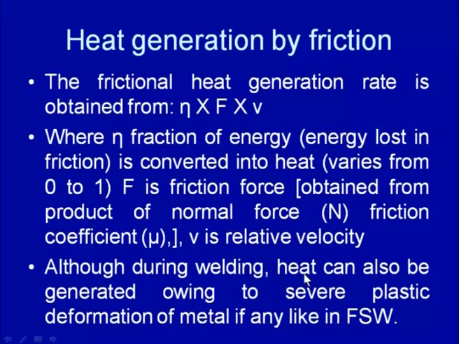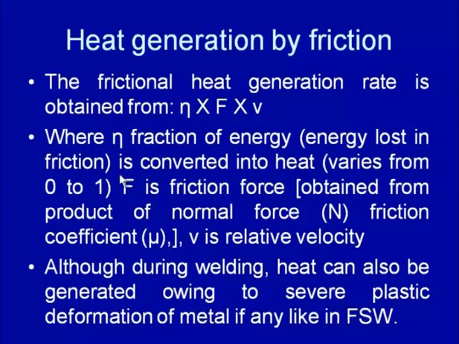Although during welding, heat can also be generated due to the plastic deformation of the metals. So, the heat generated in processes like friction stir welding also includes the heat generation by plastic deformation, because we know that in these welding processes, when a high contact normal force is applied under high relative velocity conditions, some interfacial plastic deformation takes place.